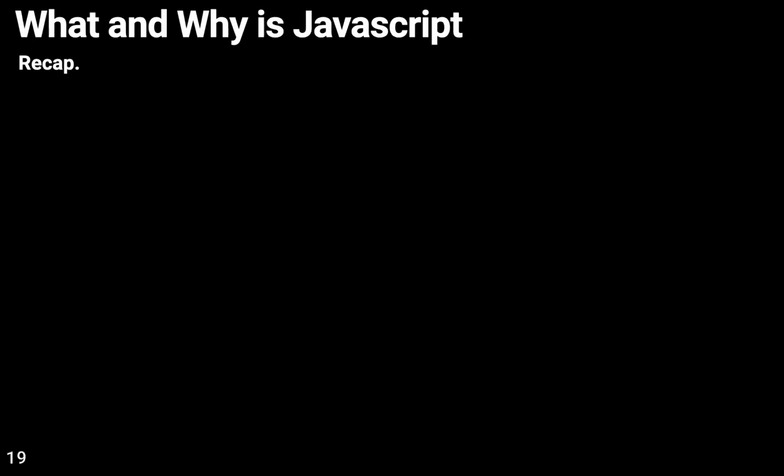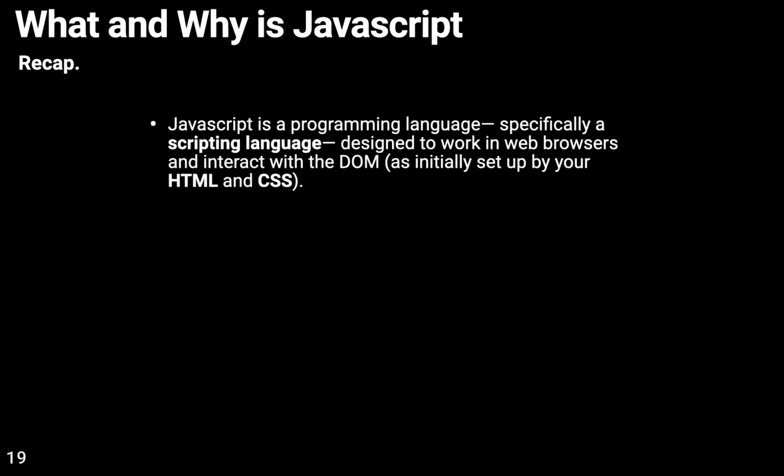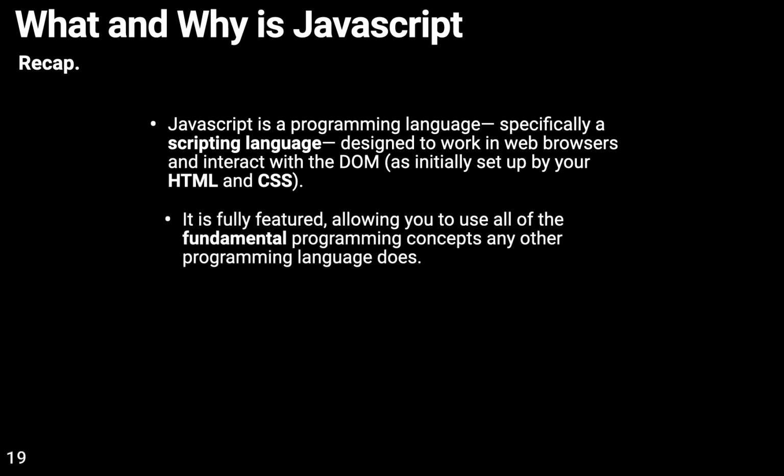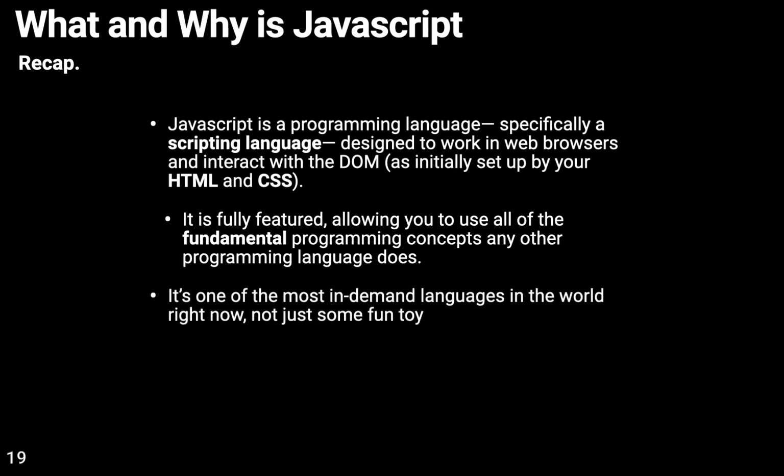Okay, so this has been what and why is JavaScript. JavaScript is a programming language, specifically a scripting language designed to work in web browsers and interact with the DOM, as you have initially set it up with HTML and CSS. It's fully featured. It allows you to use all the fundamental programming concepts any other language does. It's one of the most in-demand languages in the world right now, not just some fun toy.